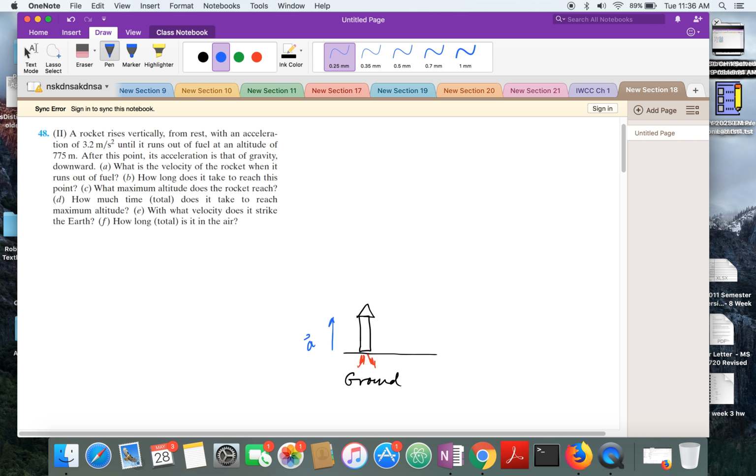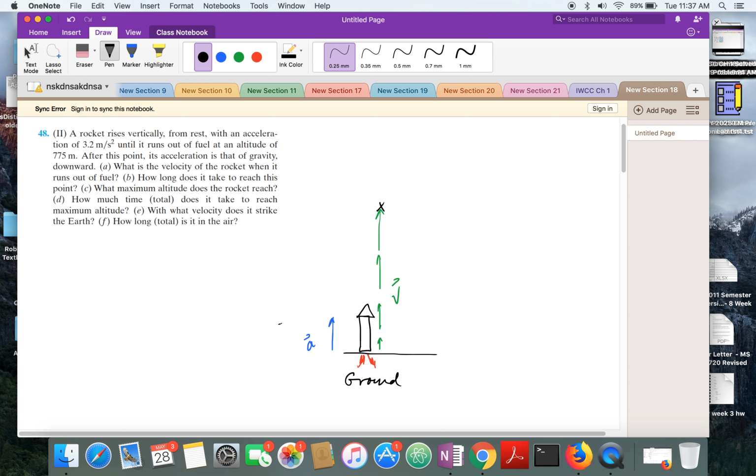The rocket is speeding up, starting with no velocity, and then the velocity increases and increases. Let's say at this point here is where we run out of fuel.